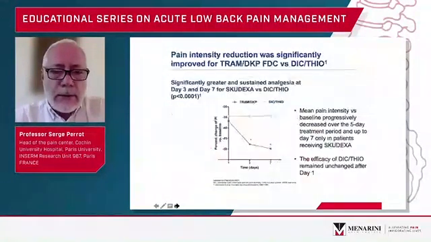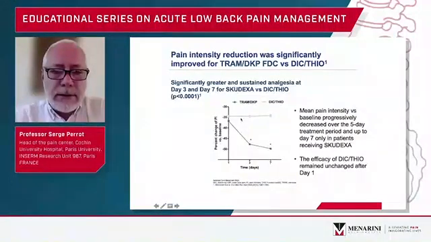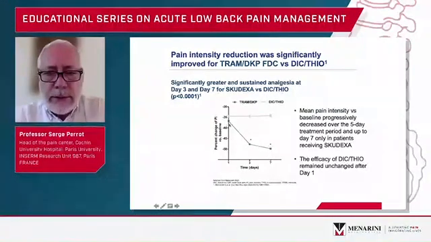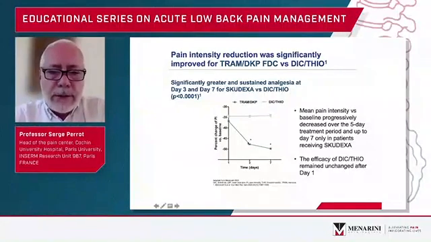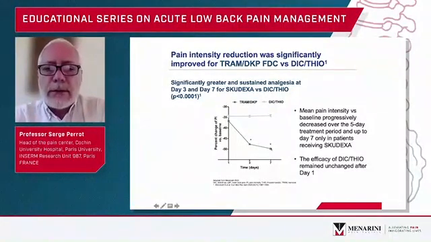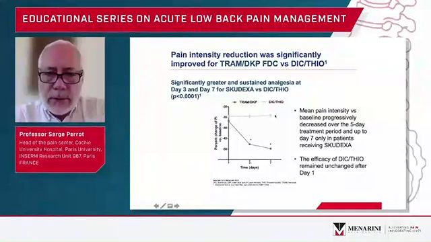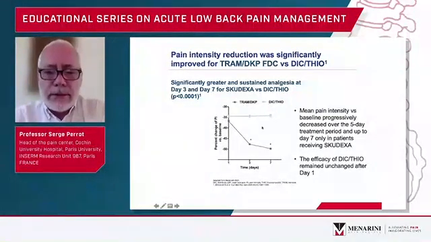Again, these patients were followed during 7 days, and you can see that with Scudexa there is a very rapid and effective effect after 3 days and going to 7 days, while in the other group there was a decrease, but it was not sustained after the first day.